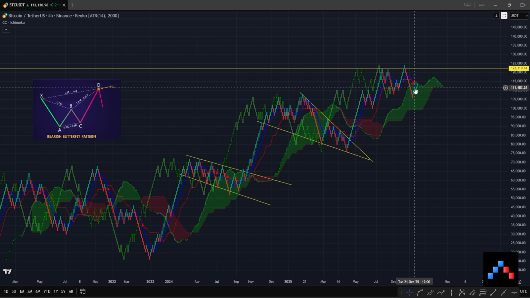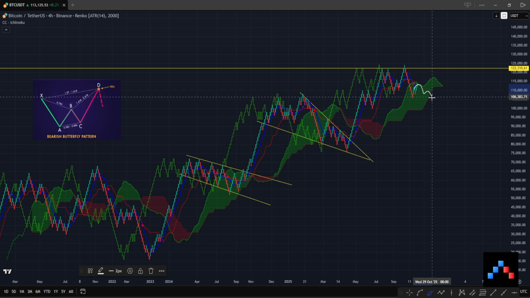What we know about the Ichimoku cloud system is that when the price action is breaking the cloud, there is a very high probability that the price action is going to visit the bottom of the cloud. This is what is called an edge-to-edge system. When the price action is breaking the cloud, there is a higher probability for the market to come down and visit the bottom of the cloud.